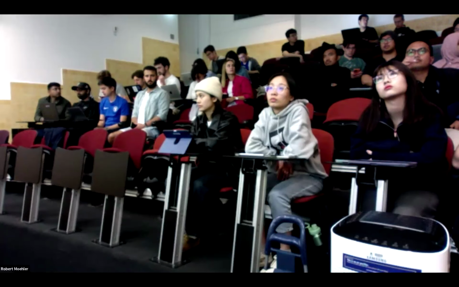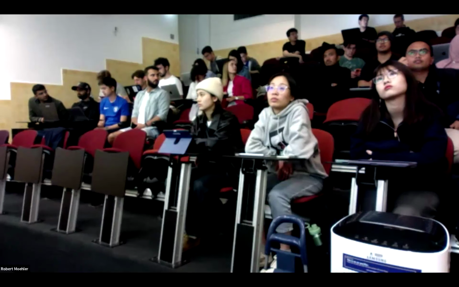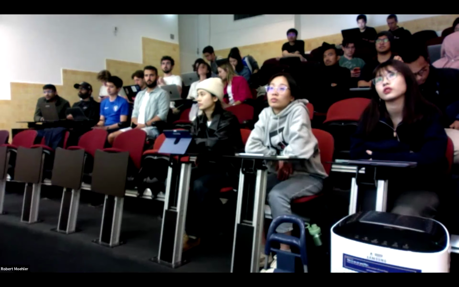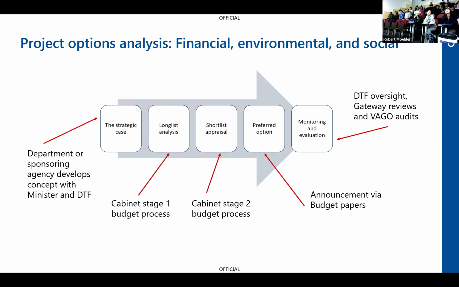And evaluation, right? So what I get from you is that Vago's role in that kind of process is to monitor and evaluate the projects, right? And what I know is your role is to monitor after the project is finished, or between the start and the process, or is Vago's role to audit after the finish?